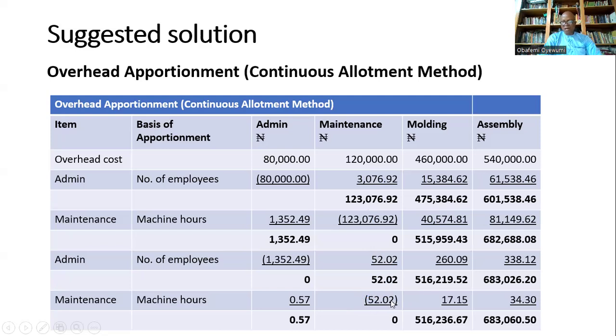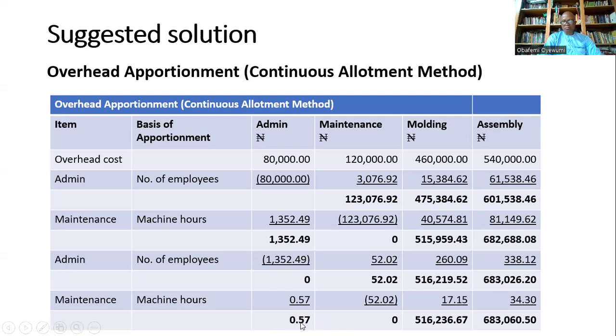Now 52, using the appropriate ratio, will now be shared to admin. You can see now that's almost 0.57, shared to molding, that's 17 naira, and then shared to assembly, that's 34.30 naira.